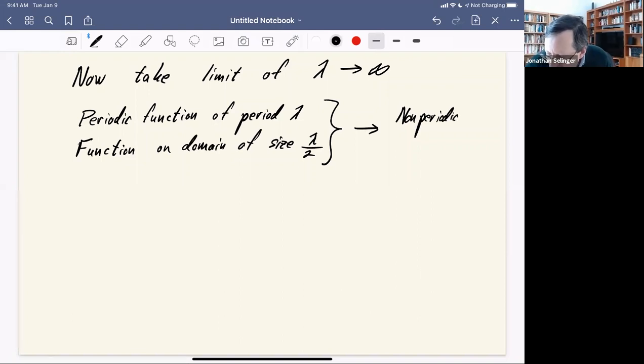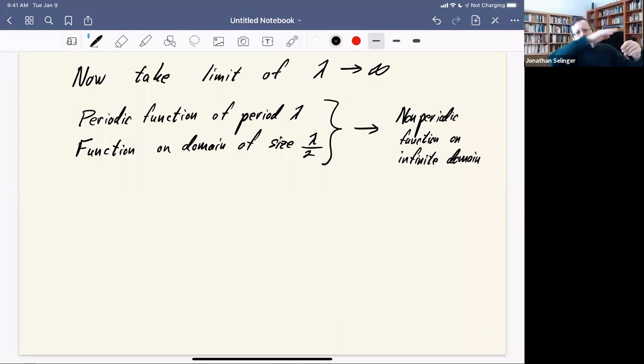non-periodic function on an infinite domain. Right. So I'm considering any old function on the domain from x is minus infinity to infinity, right?